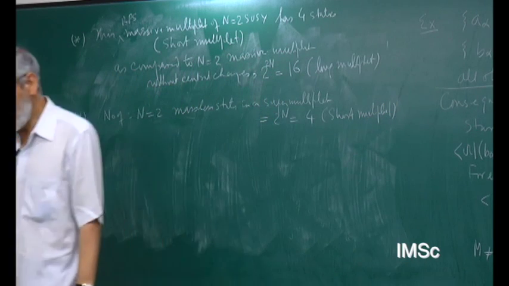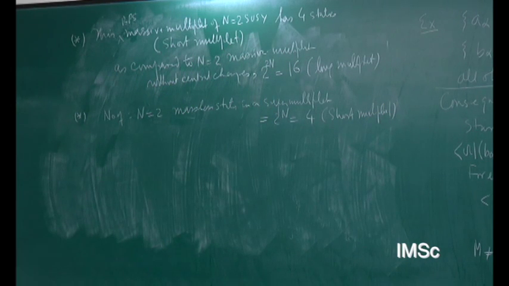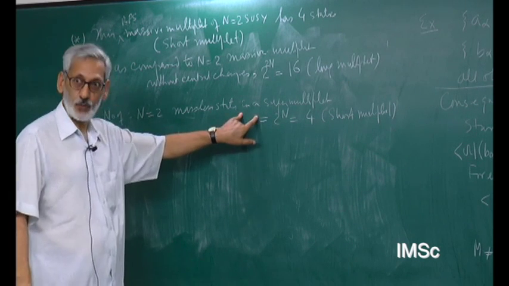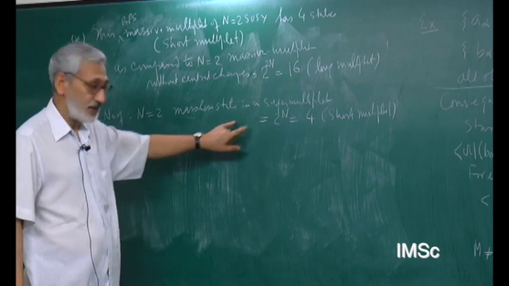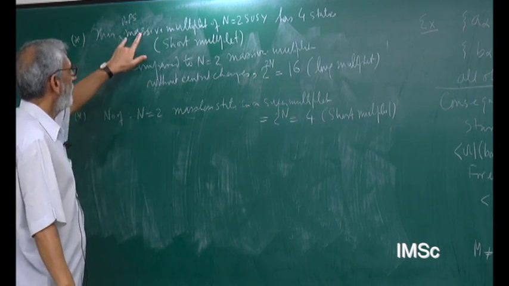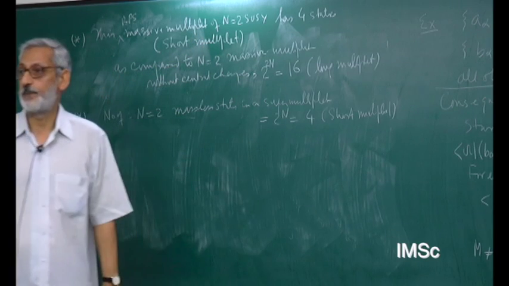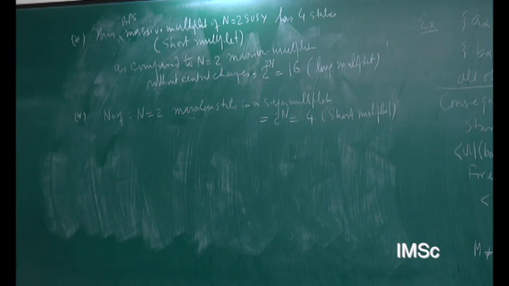This is a very nice and important property, that the dimensionality of a massless supermultiplet of N equal to 2 and a massive BPS multiplet is the same. N equal to 2, we are doing it right now. Same is true for higher N also, we will go to that.